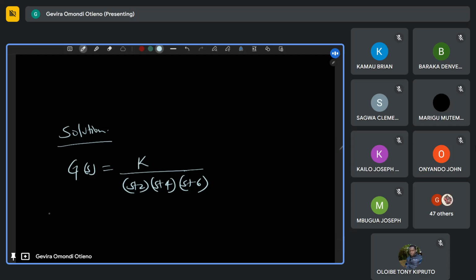So we know that we have 3 finite poles. And those 3 finite poles are S equals -2, S equals -4, and S equals -6. Those are the poles that we have.